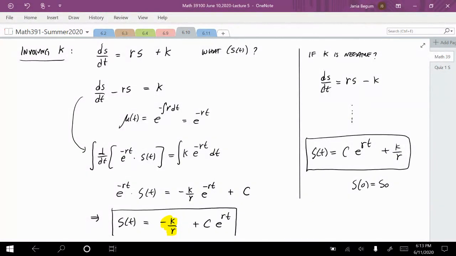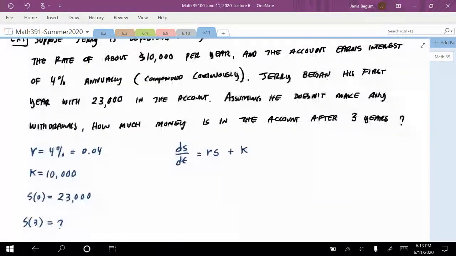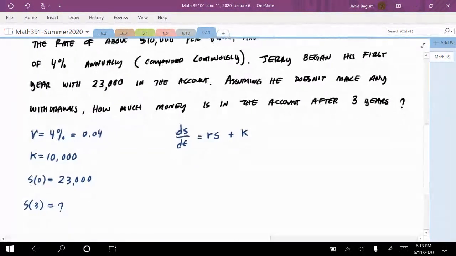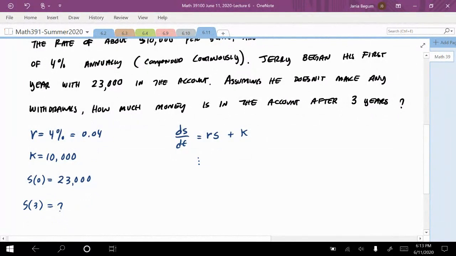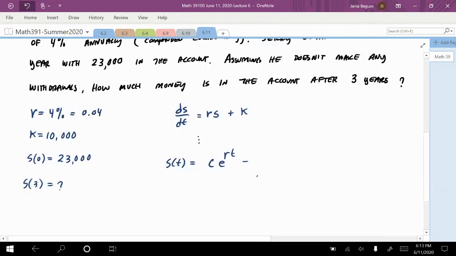I'm just going to go ahead and copy this because the derivation, I already wrote them for you. You can always go back and revisit. So you go through the process and you discover that the function that will model this will be, I'm going to write it this way, C times e to the rt minus k over r.